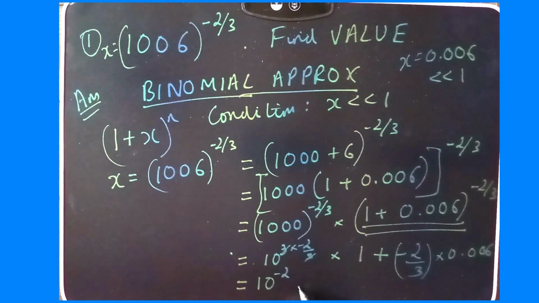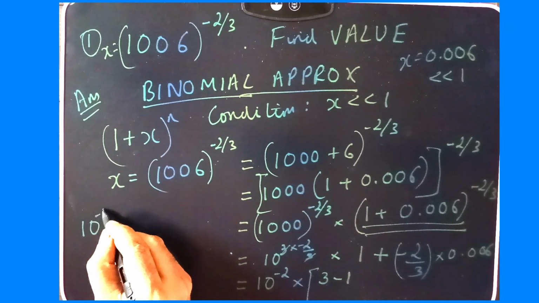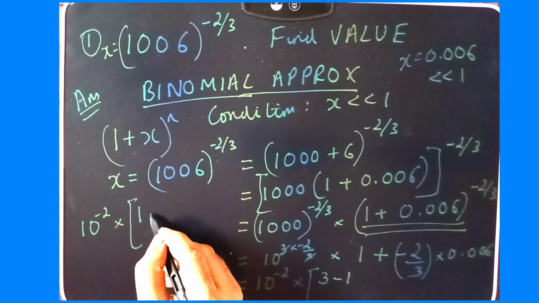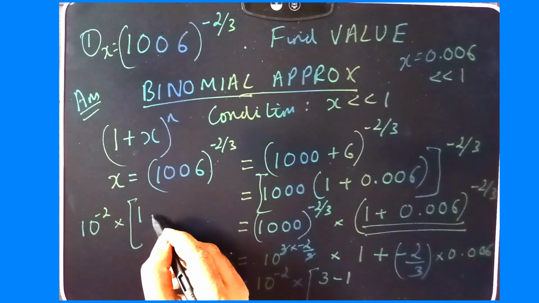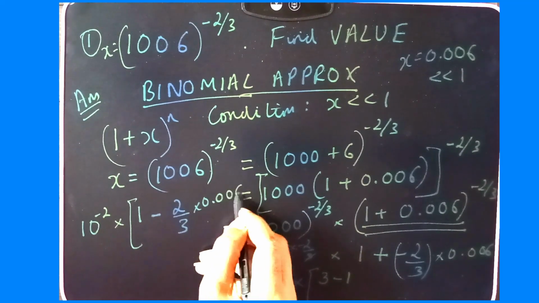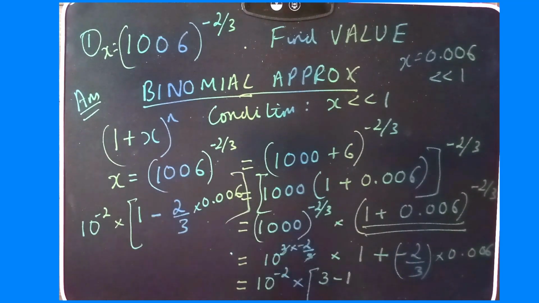So you have 10 power of minus 2 into 1 minus 2 by 3 into 0.006, right? This is what you have. So let's solve it in the next page.